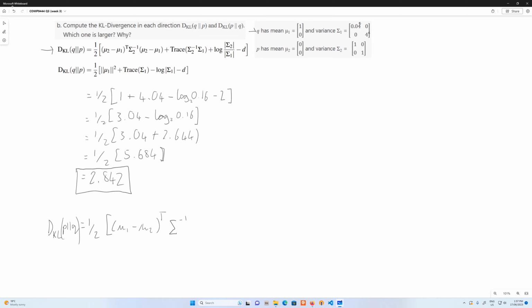And we need to get an inverse of the number 1 variance matrix. 1 minus mu2. I'm just going to put T for trace to make this simpler to write.